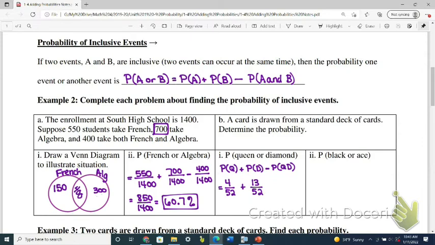And there is 1 diamond that is a queen, because I counted it both in queens and in diamonds. So I can't count twice. It only happens once. So I get 16 over 52, which is 30.8%.